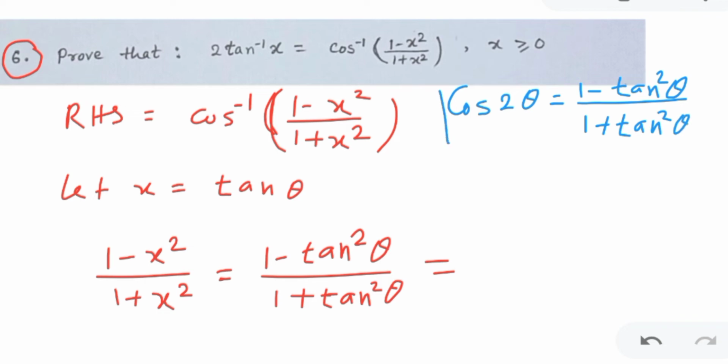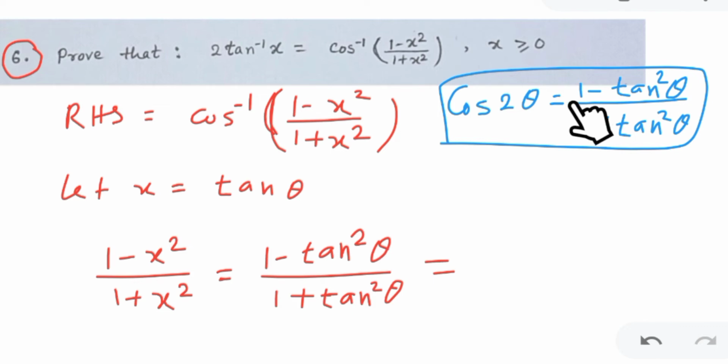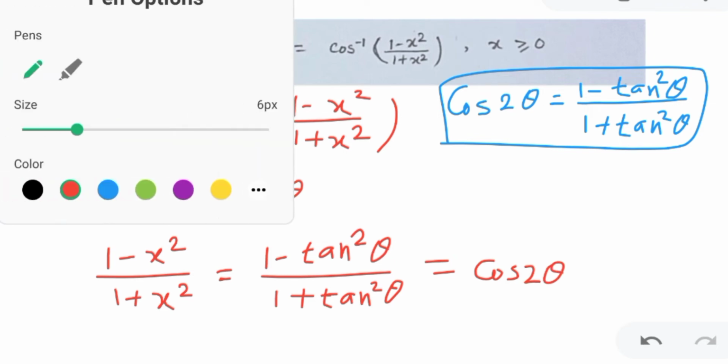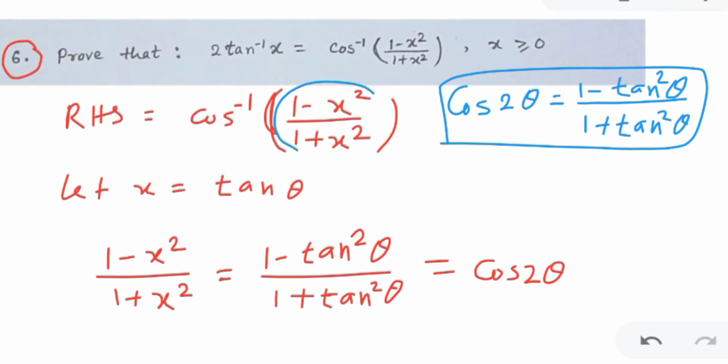So using this formula I can write directly this 1 minus tan square theta divided by 1 plus tan square theta as cos 2 theta.